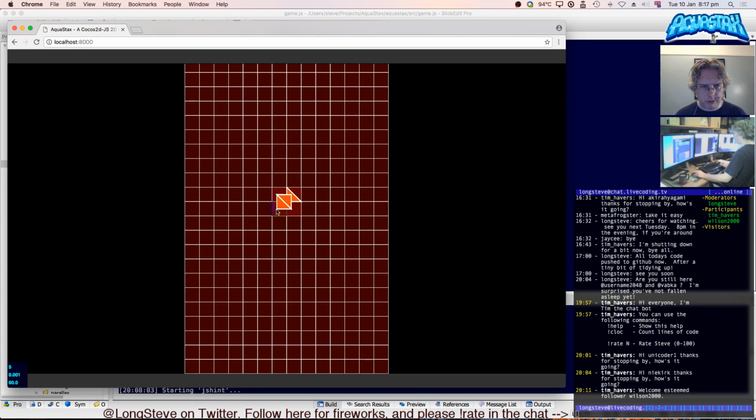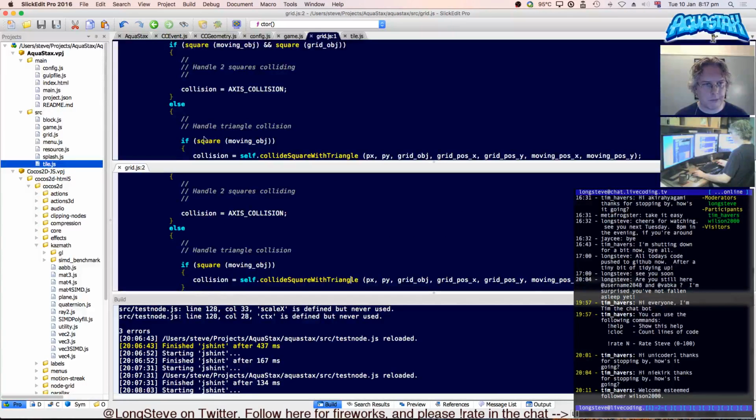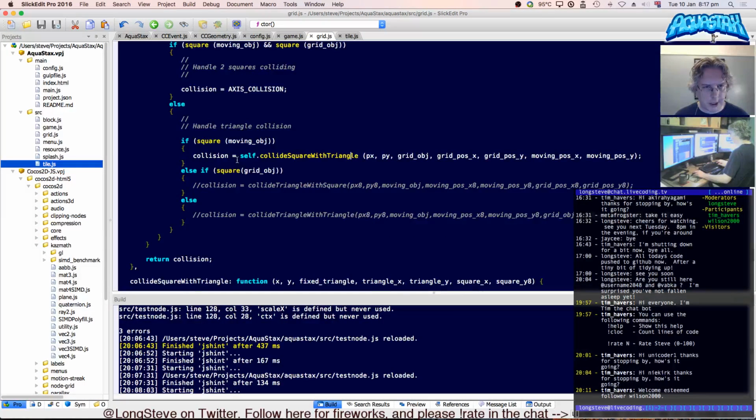And it's not triggering yet. Why is that? Oh, because it isn't doing anything. It's not actually returning the collision at all. Right.